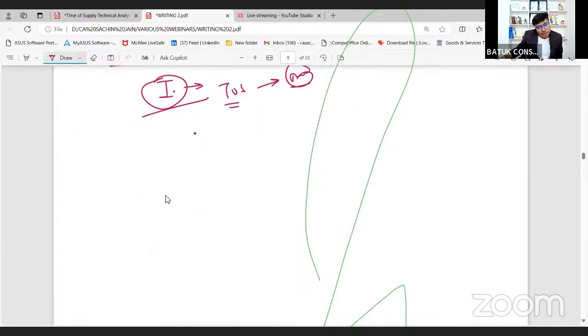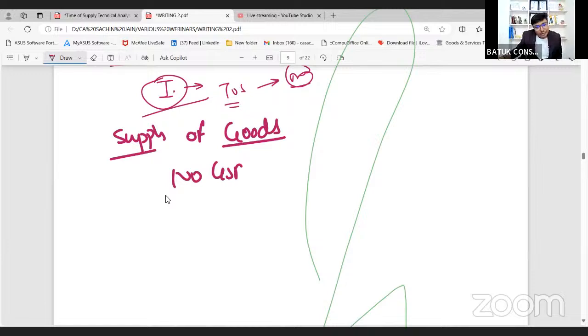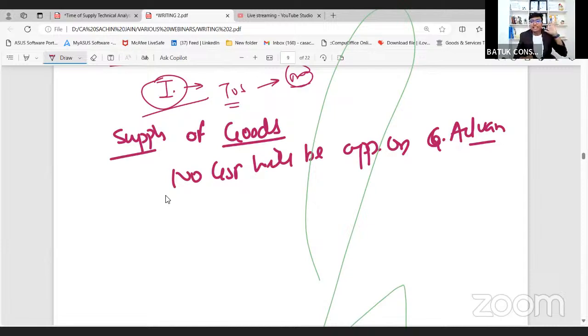The logic, as we all know, is that in case of supply of goods, no GST will be applicable on advances. एडवांस पे जीएसटी नहीं लगता.